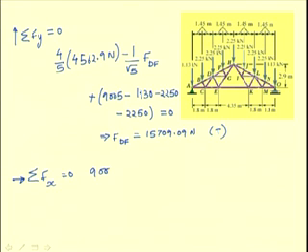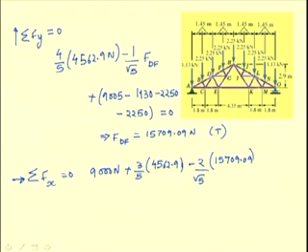We have this 9000 Newton force in the member EK plus the component of the force in the member EG plus the component of the force in the member DF plus the force in the member DG, which is a horizontal member, and so the force in DG has to be added.